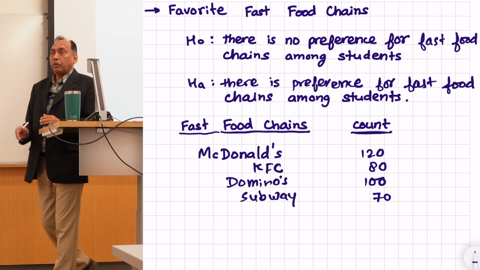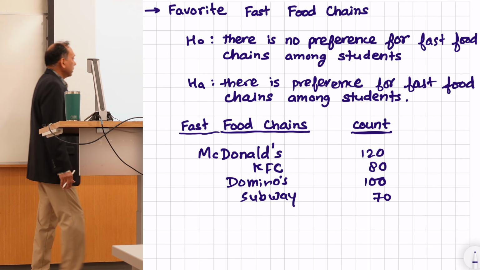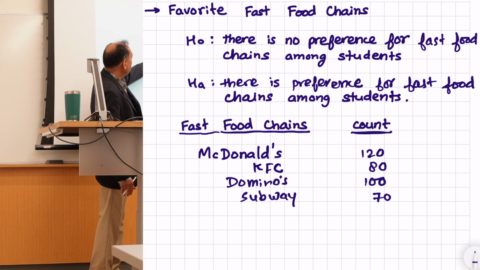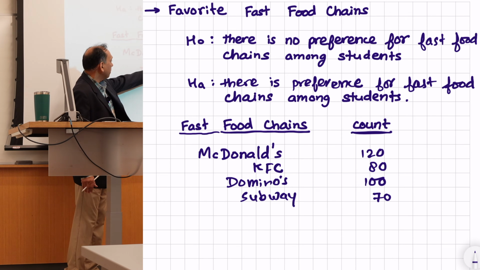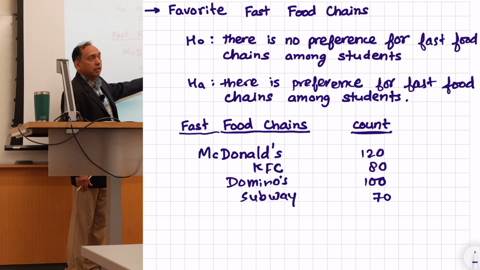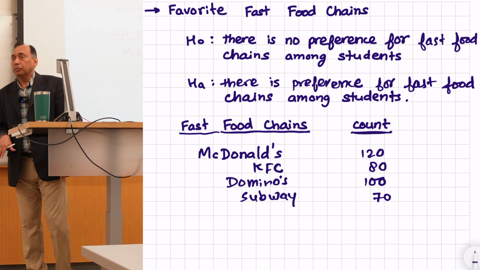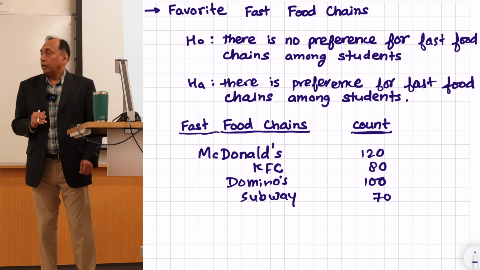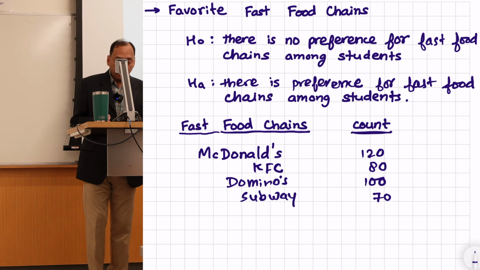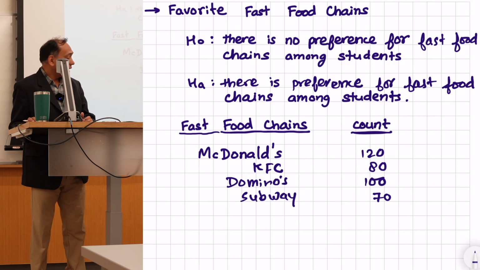So if you calculate probability, you should have got 25% of the students for the first one, 25% second, 25% third, 25% fourth. So they should have been equal, but clearly they are not equal, but we want to test whether what we see is real or not.